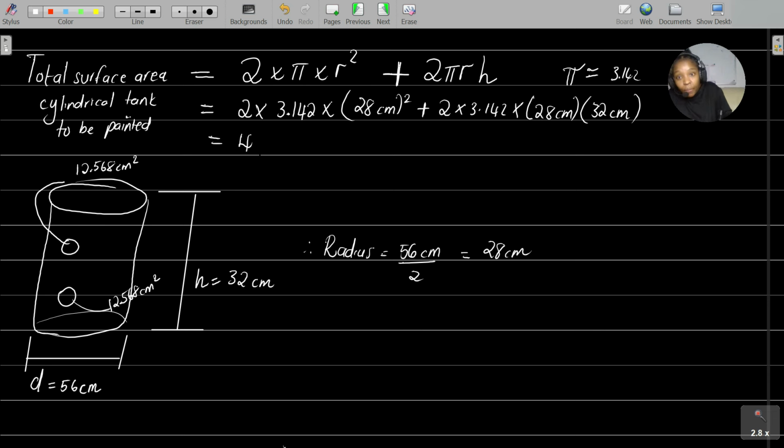Okay, I've got 4,926.656 centimeters squared, plus, then I'm finding the value here. If you say 2 times 3.142 times 28 times 32, that gives us 5630.464 centimeters squared.